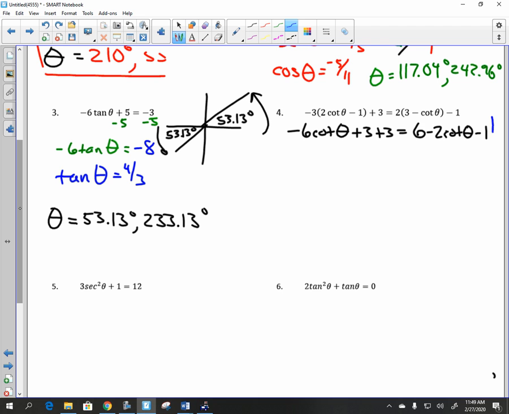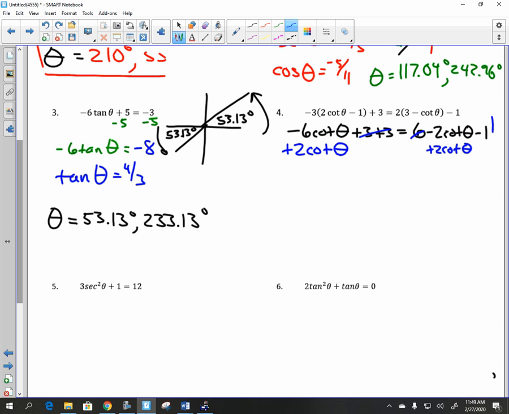I could subtract 6 from both sides, right? Those will go away. Let's get rid of those. I could add 2 cotangent of theta to both sides. So add 2 cotangent of theta plus 2 cotangent of theta.